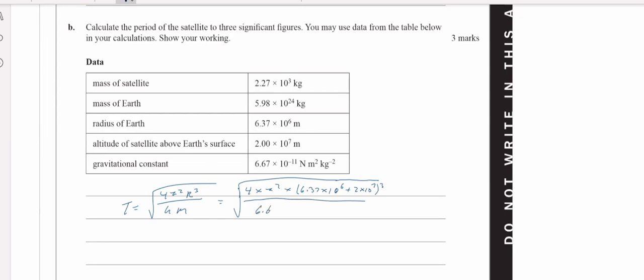Gravitational constant is 6.67 times 10 to the minus 11. The mass of Earth is 5.98 times 10 to the 24. To 3 significant figures, 4.6 times 10 to the power 3 seconds.